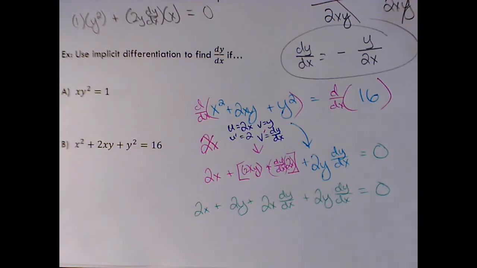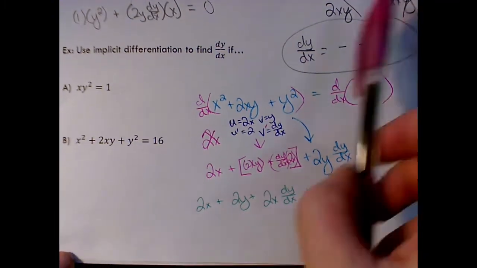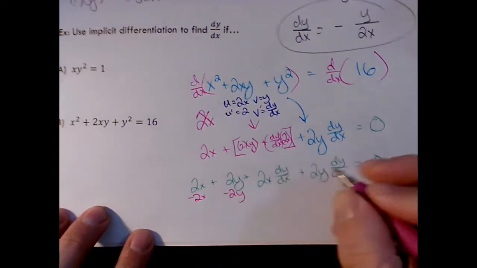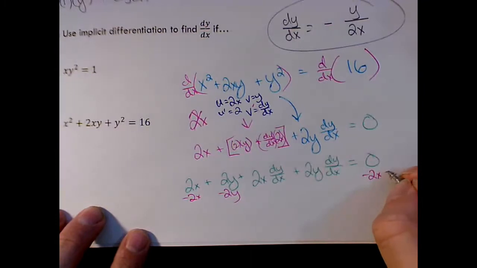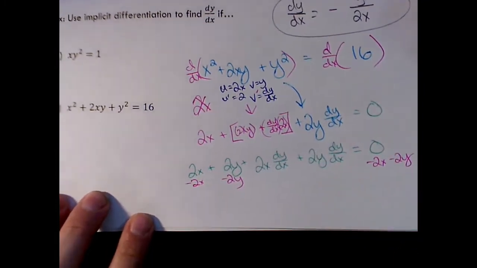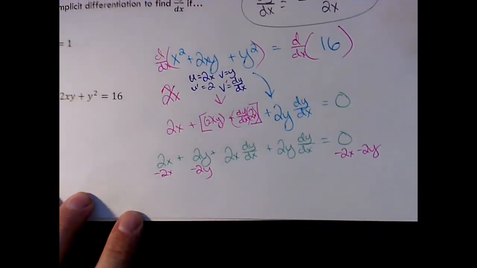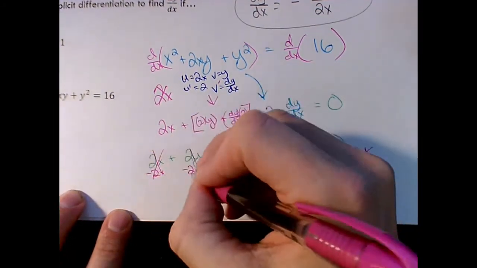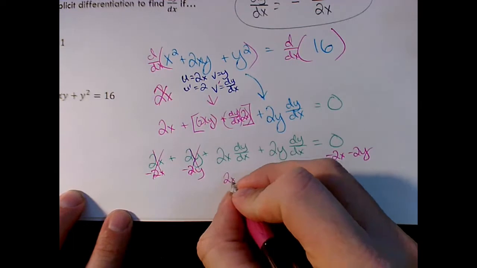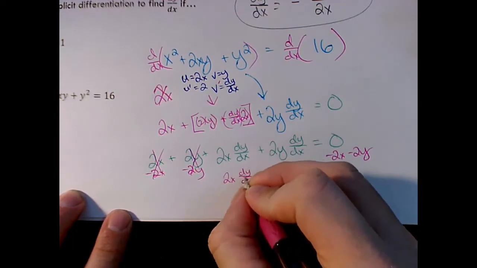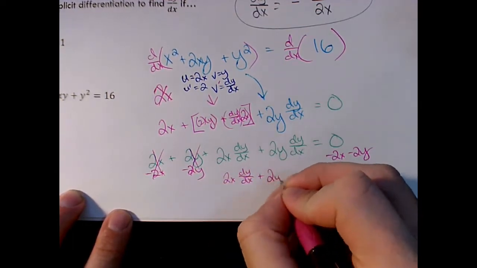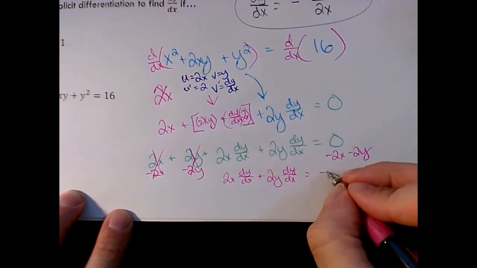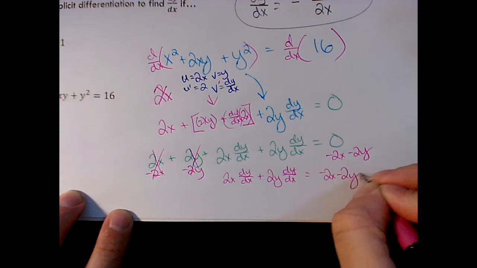Let's remove all the non-dy/dx terms. So I'm going to subtract 2x and 2y. I'm going to run out of room. That cancels out. That cancels out. 2x dy/dx plus 2y dy/dx is going to equal negative 2x minus 2y.